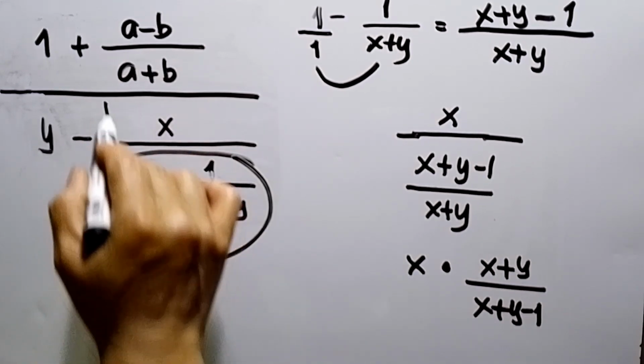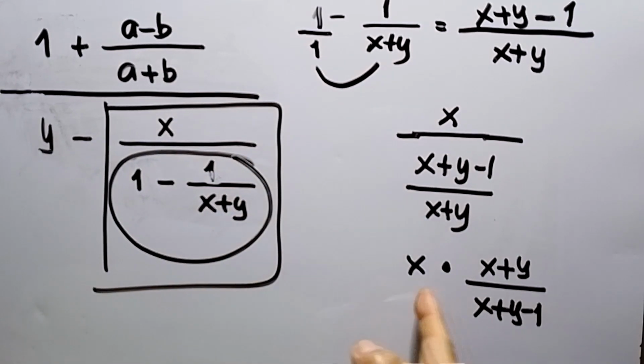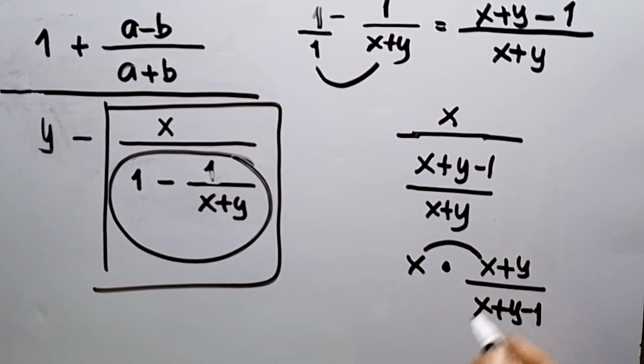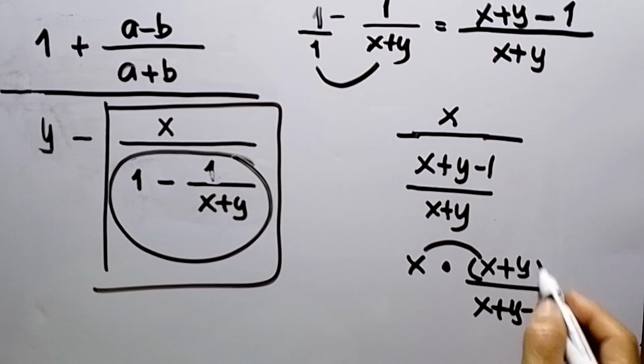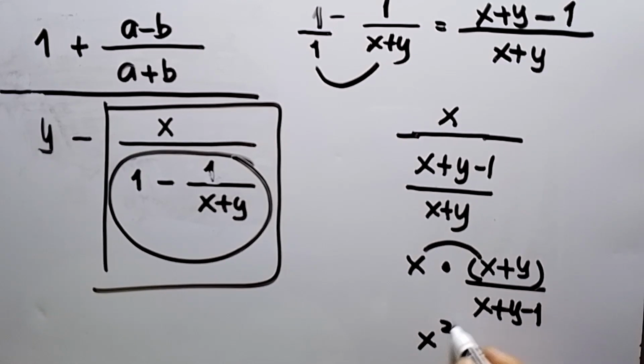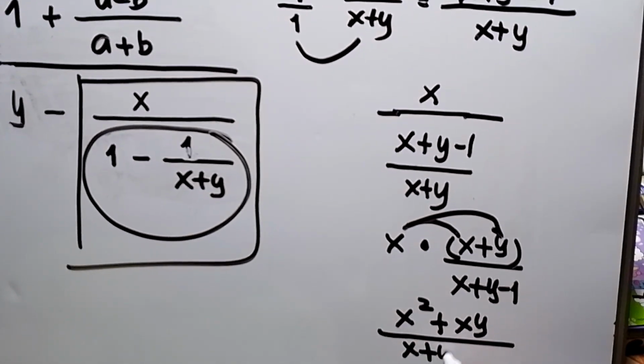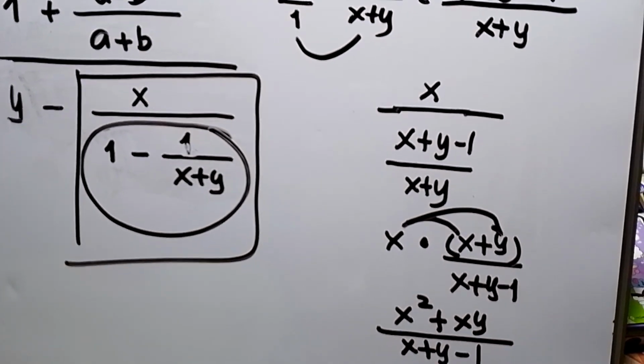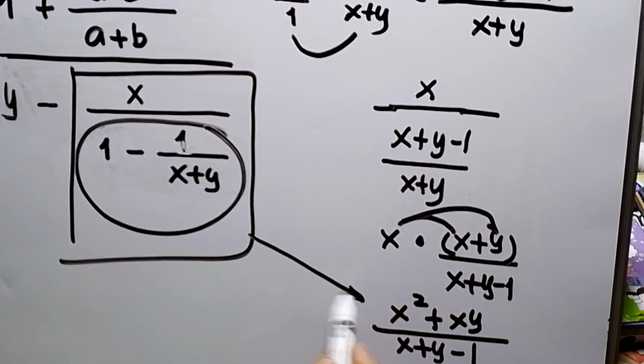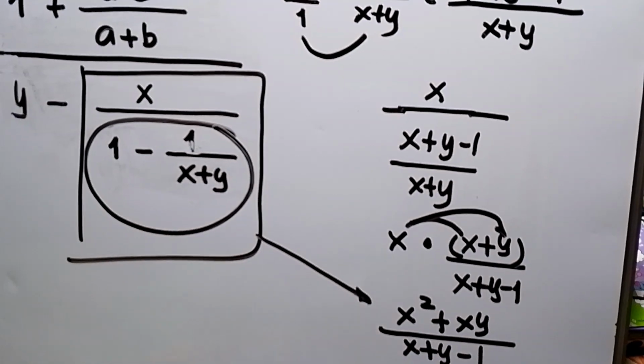But I need to distribute this one. So this will be x squared plus xy over x plus y minus 1. So this will be my answer for this x over this one.